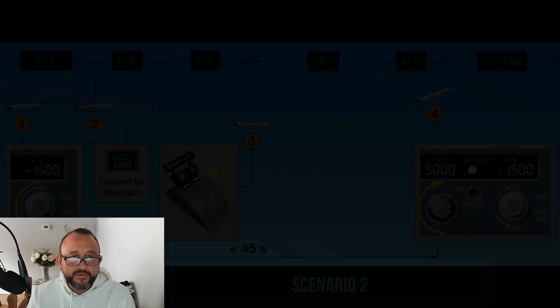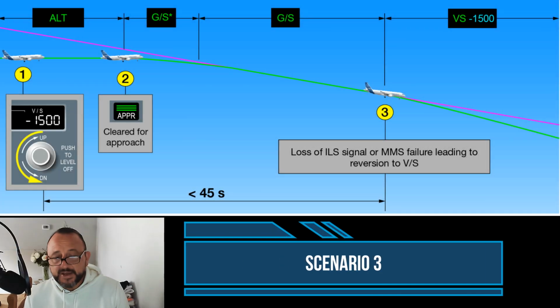In scenario 3, this mode reversion is due to the loss of an approach mode. This is probably less likely, I think, because it assumes loss of the ILS signal. So glide slope or FLS glide slope, APPDES or final approach mode disengagement due to the loss of ILS, MMR, loss of flight plan, etc. LOC lock or F-LOC lock or NAV mode disengagement, and the flight crew selects a target altitude higher than the actual altitude in the FCU in descent or open descent mode.